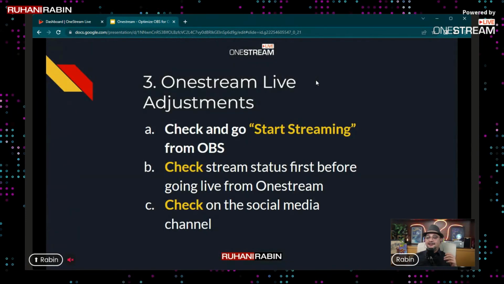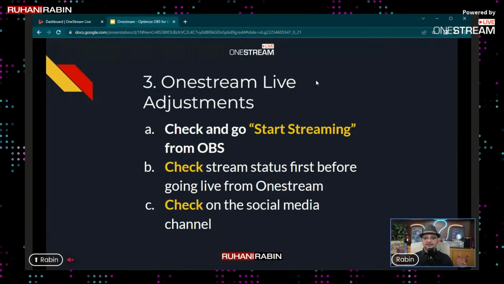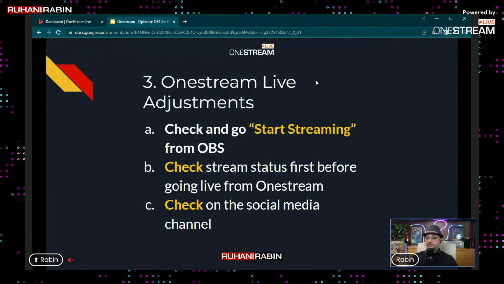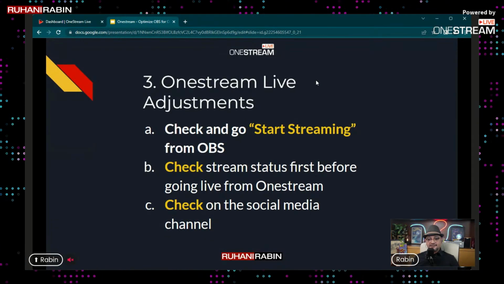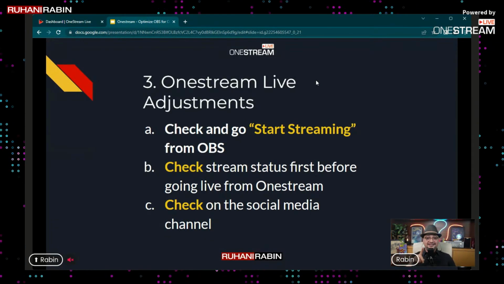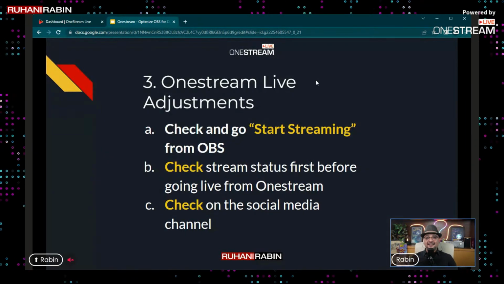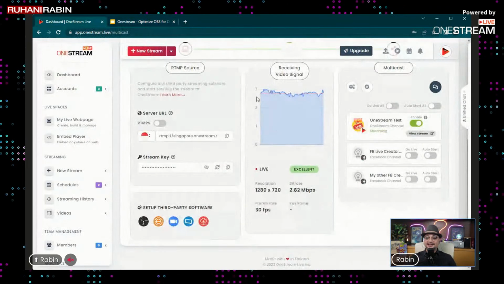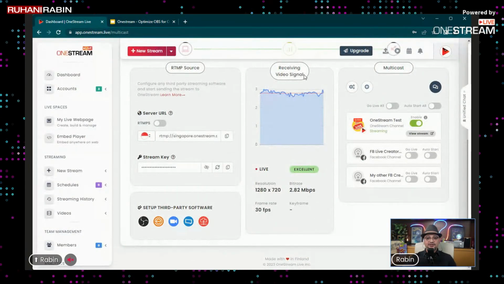And the process is simple. Once you're ready, you've configured everything, you press start streaming from OBS. First, check the status in OBS, right? Where is the status? This is the status. Receiving video signal.